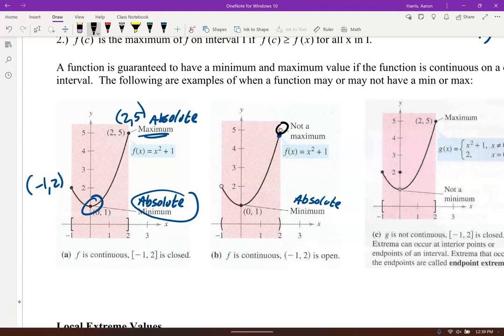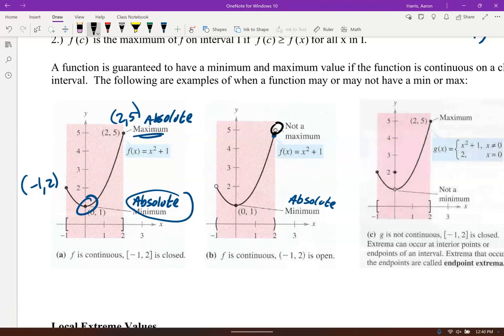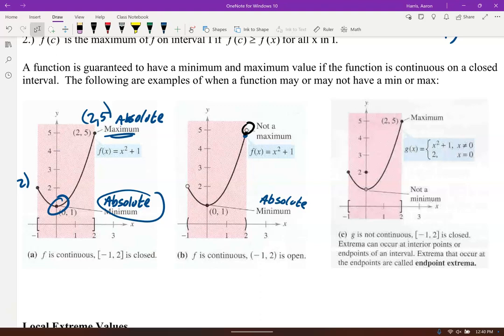How about this one where we close it, but we open up that bottom? Similar discussion with the bottom. I can get a little closer to 1, let's say 1.1. The 1.1 is right here, but that's not the lowest point.